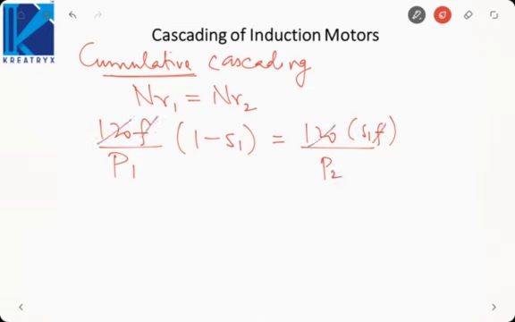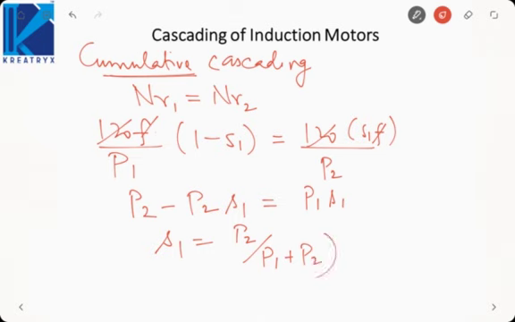That means P2 minus P2 S1 should be equal to P1 S1. So S1 is equal to P2 by (P1 plus P2).